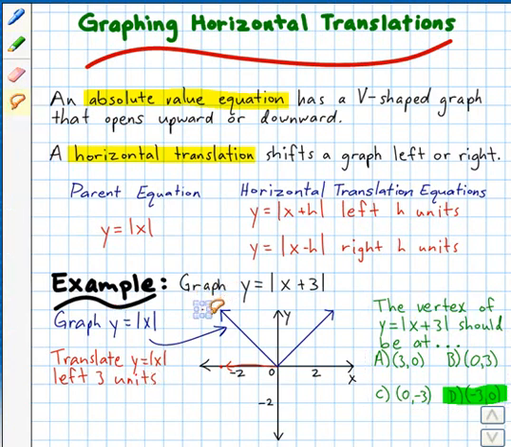So here's what the graph will look like for y equals the absolute value of x plus 3. Vertex at negative 3, 0. It's opening up and it has a V shape. So once again, that's y equals the absolute value of x plus 3.